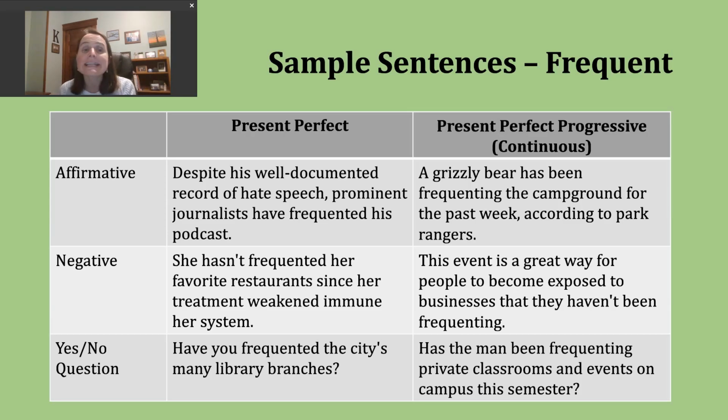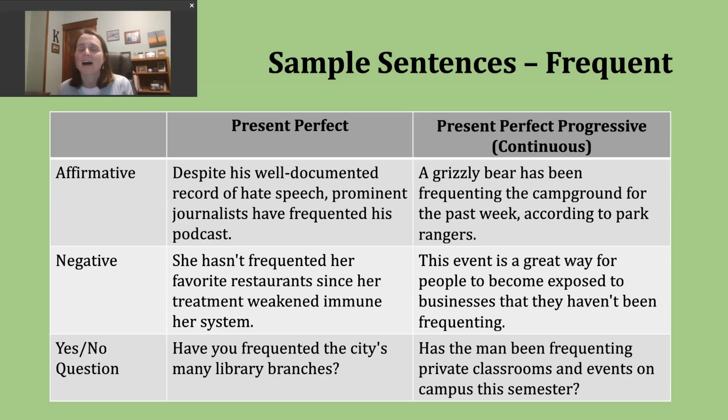Now let's take a look at a negative present perfect sentence. To do this, again, pay attention to your subject, use have or has as appropriate, and then use not, and then the participle form of the verb. Here's another example. She hasn't frequented her favorite restaurants since her treatment weakened her immune system.